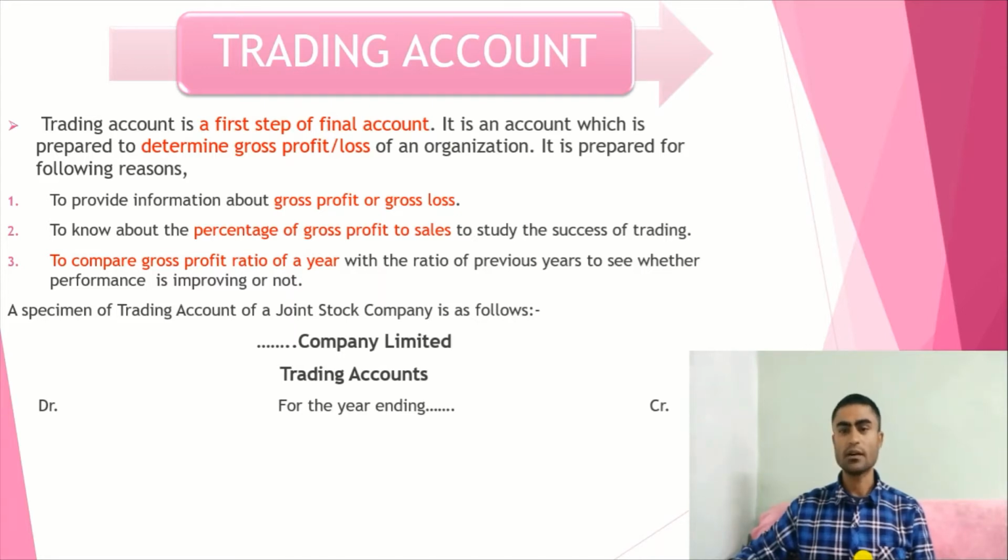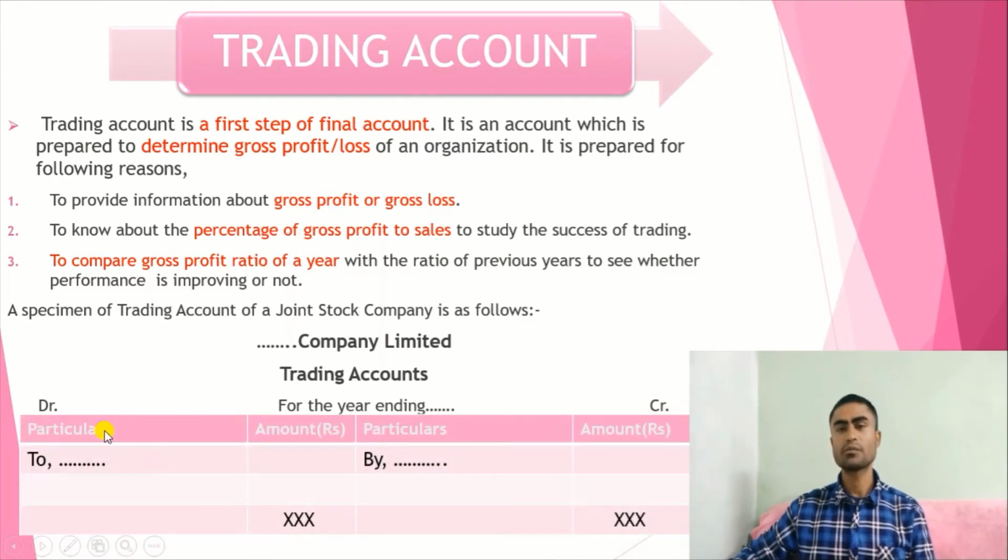This account has two sides, debit side and credit side, and altogether there are 4 columns. First column particulars, second column amount, third column particulars again, and fourth column amount again. So let's remember it like PAPA, Papa. If you remember Papa, then you can easily remember this format: P of particulars, A of amount, P again particulars, A again amount.